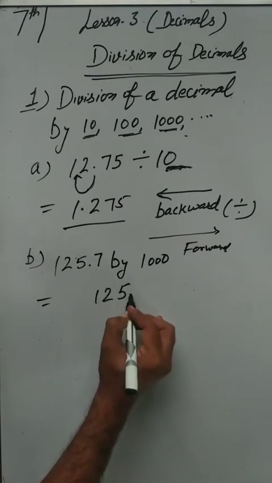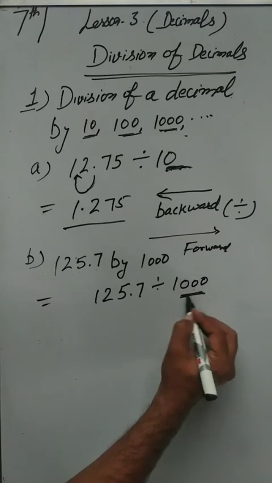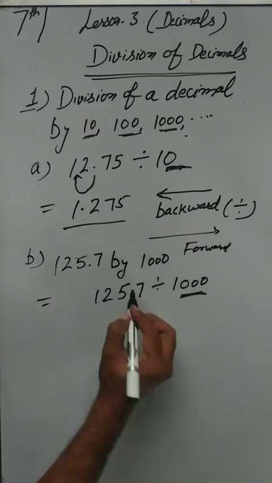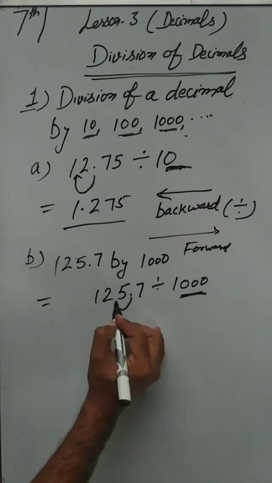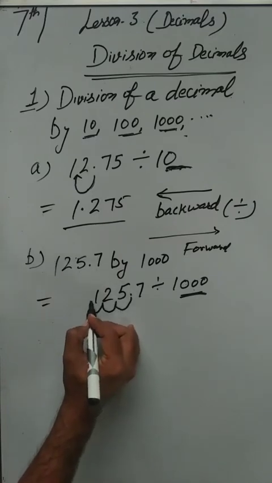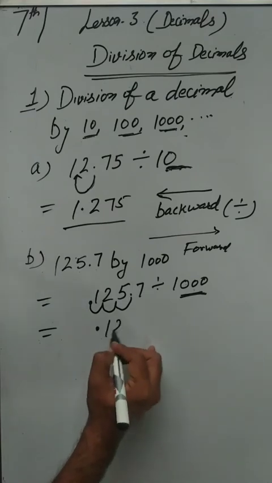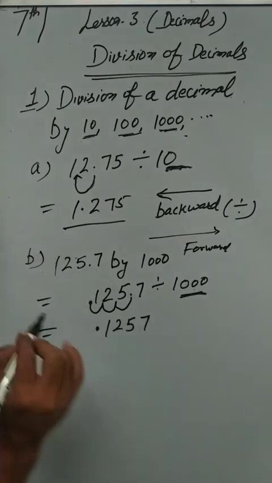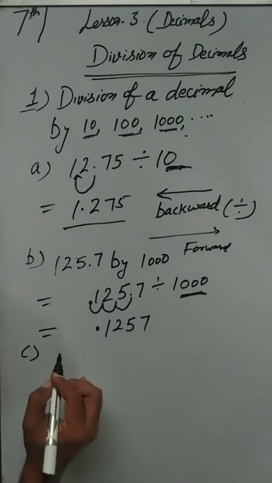How many zeros? 3. So the point will shift 3 positions toward the left. Look, 1, 2, 3. Your point will come here and your answer will be 0.1257. Understood, beta?